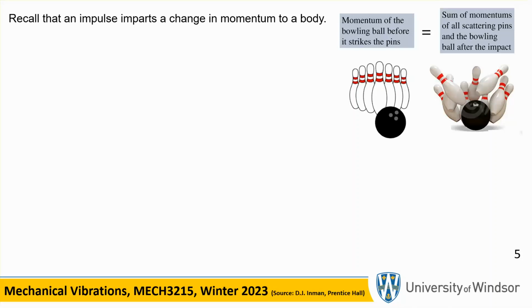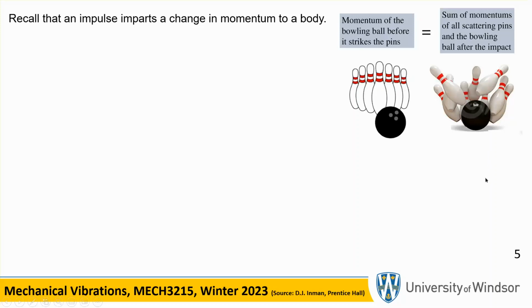Now, it is true that there are forces in the vertical direction, but let's not worry about that right now. There is no other external force. So, as a system, the pins and the bowling ball, the momentum of the ball before the strike remains as the sum of the momentums of all of these pieces after the strike takes place.